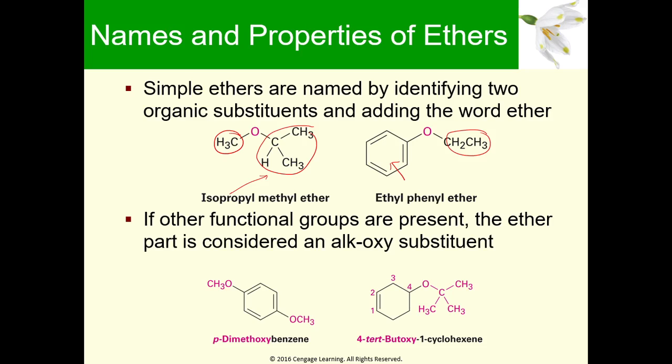Next. If other functional groups are present, the ether part is considered an alkoxy substituent. Next. So what are our examples here? This one is named as benzene. It's really benzene. If you encounter this, a CH3 with an oxygen, that is not a methyl group.